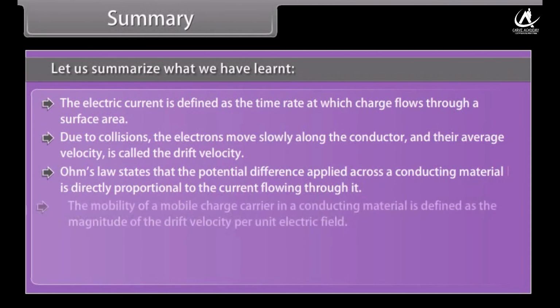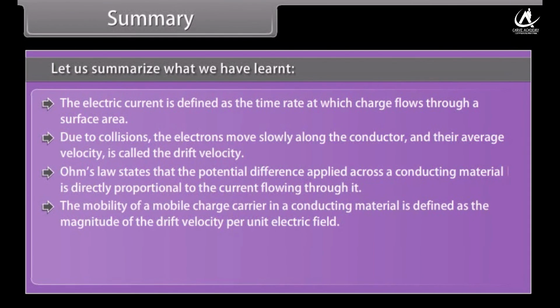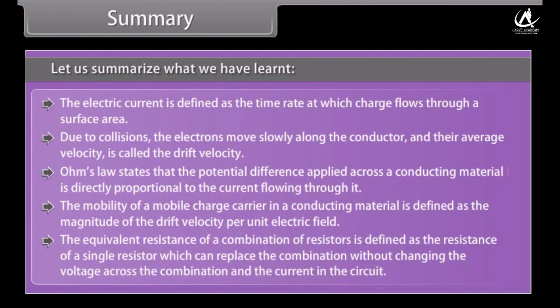The mobility of a mobile charge carrier in a conducting material is defined as the magnitude of the drift velocity per unit electric field. The equivalent resistance of a combination of resistors is defined as the resistance of a single resistor which can replace the combination without changing the voltage across the combination and the current in the circuit.